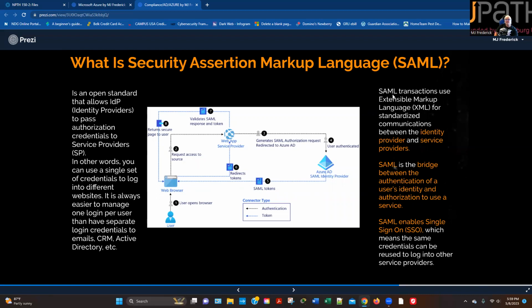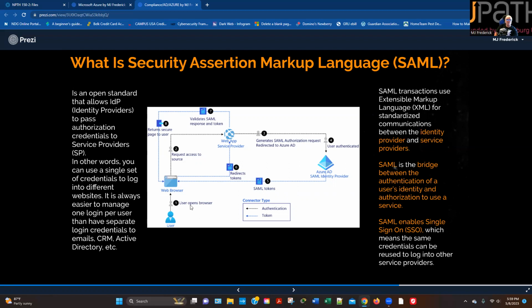So this Security Assertion Markup Language is used for communication between the identity server, or the identity provider, and the service providers. It's a bridge between the two. So it enables single sign-on, which means the same credentials can be reused to log into other service providers.